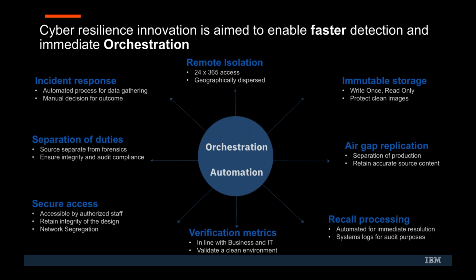Air gap replication or virtualized air gap replication allows you to keep attackers quarantined to an area of your network. And so you hear a lot in the security community the term defense in depth. Having a number of different areas that you control differently with different access, different networks, allows you to limit and contain any breaches that do occur.